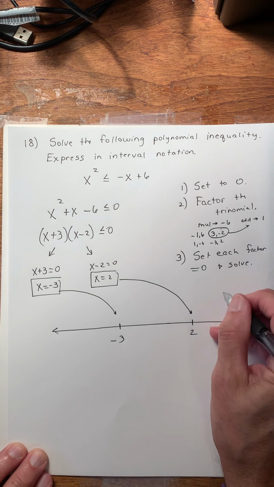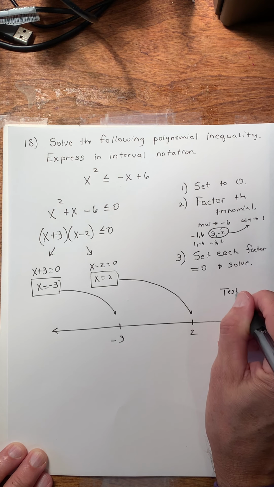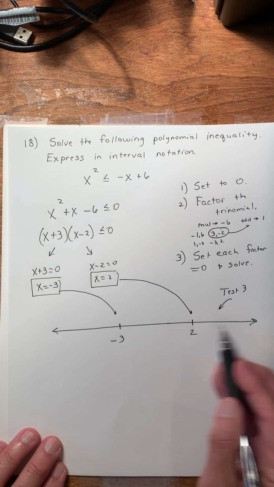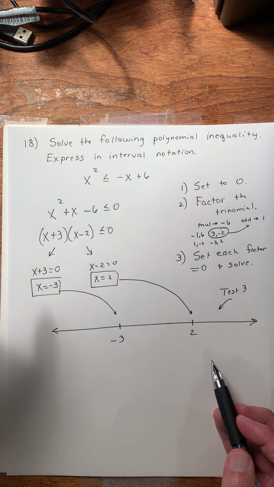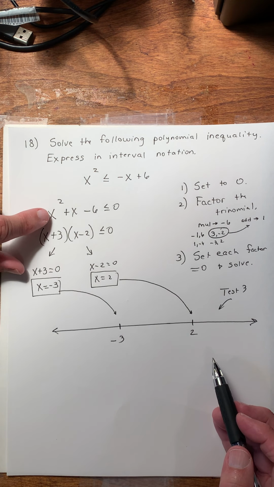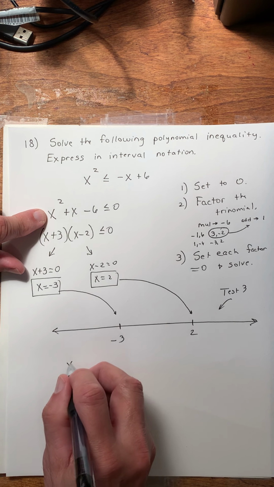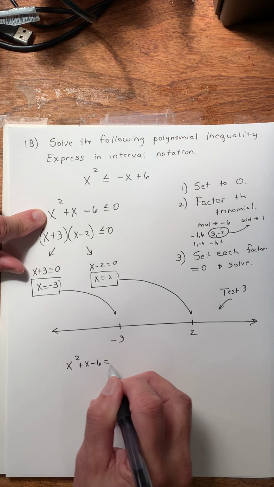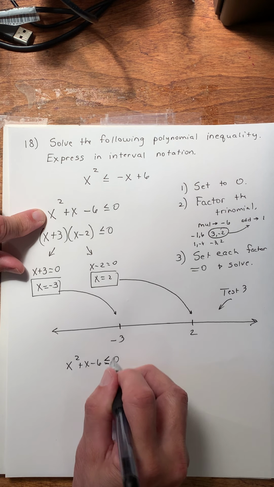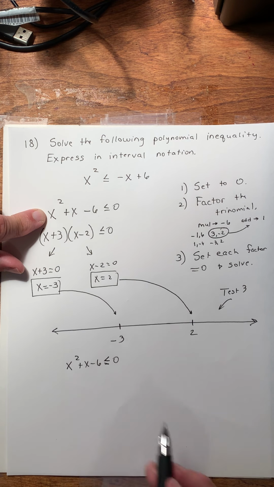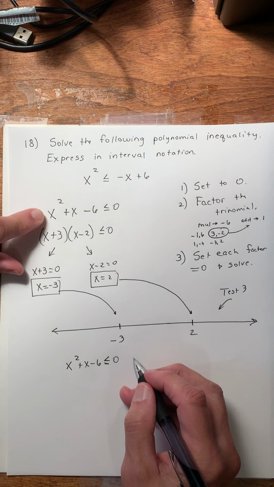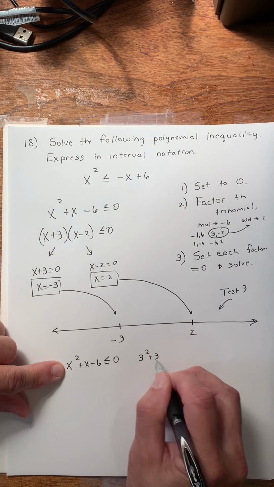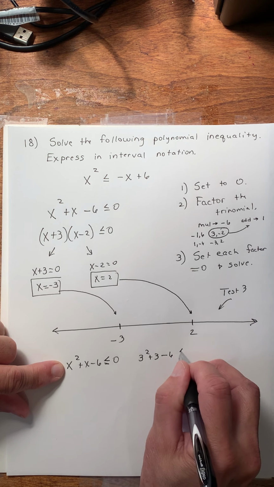So let's try 3. 3 is in this section right here, right? So let's test this section by testing 3. What that means is I put 3 into this inequality and see if it's true or not. So here we go. 3 squared plus 3 minus 6.